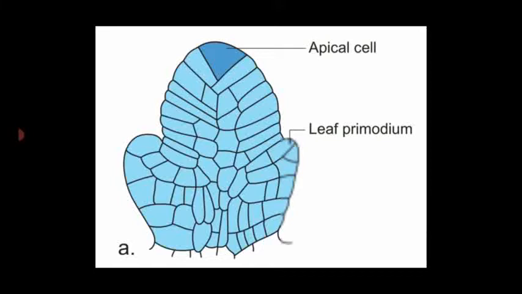The tip of the stem is made up of a single apical cell, which is given a dark shade of blue color. That apical cell is the structural and functional unit of a plant cell. So that theory is known as apical cell theory. Apical means which is present at the tip, so that is said to be apical cell theory.